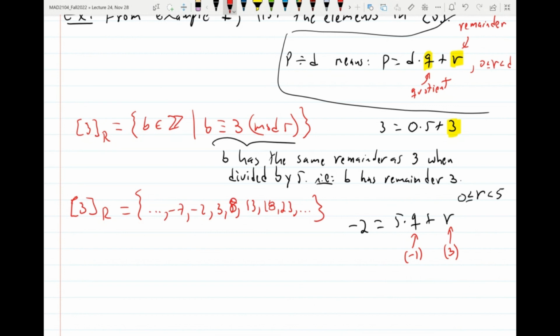You understand this? So all of these numbers, they are all related to 3, so they are all in the same equivalence class. It's 3. Do you understand this? Question. What's the equivalence class of 8?